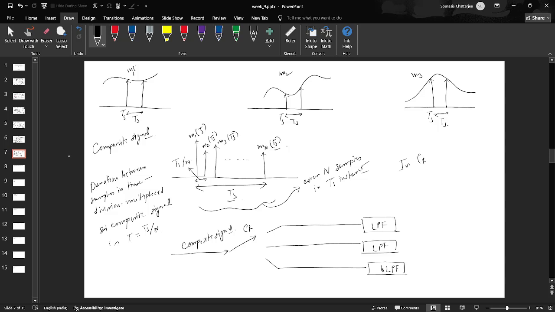If CR and CT are synchronized, and by the way they have to be synchronized, otherwise the entire thing fails, we are going to get an estimate of M1(t), an estimate of M2(t), M3(t), like that.